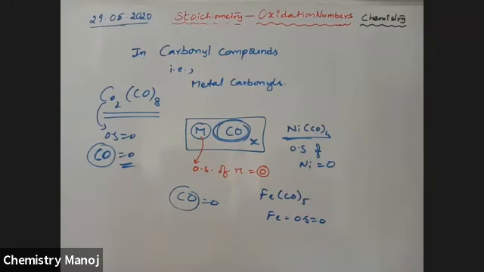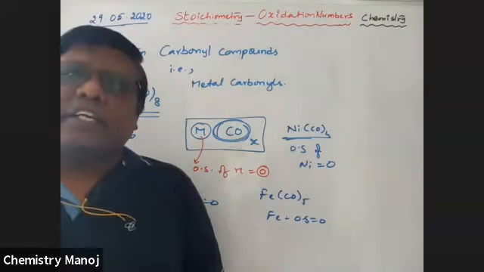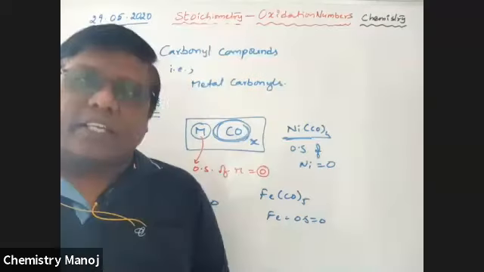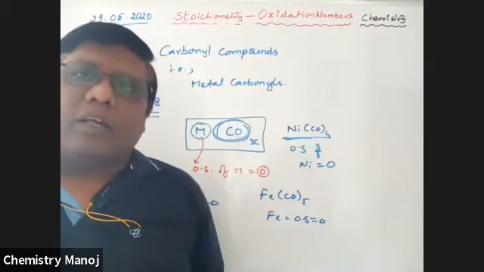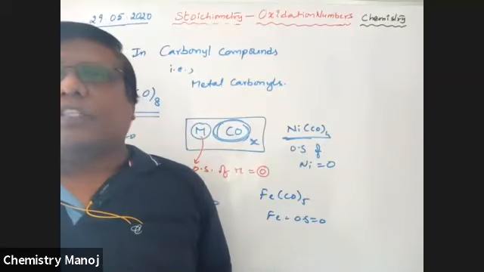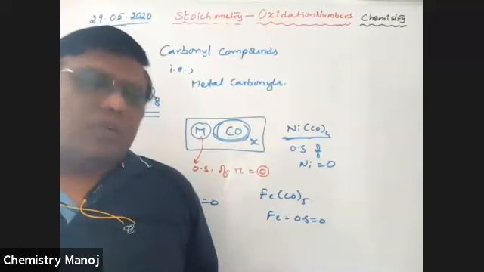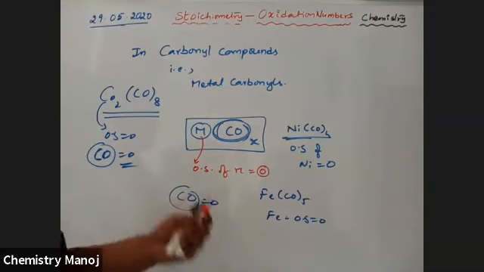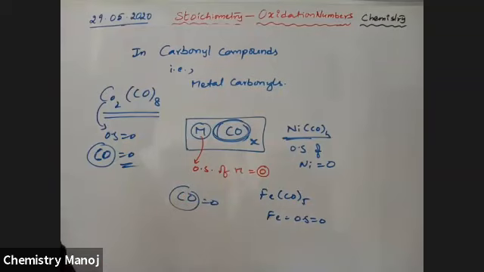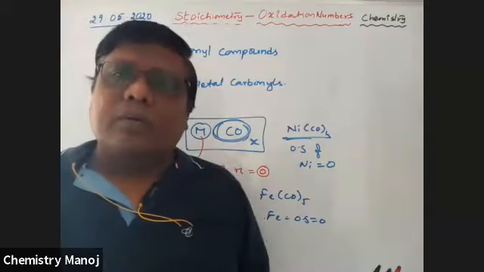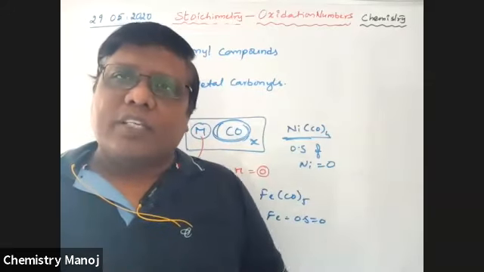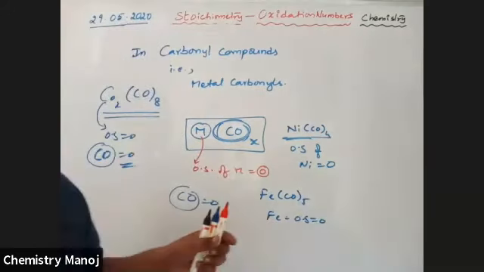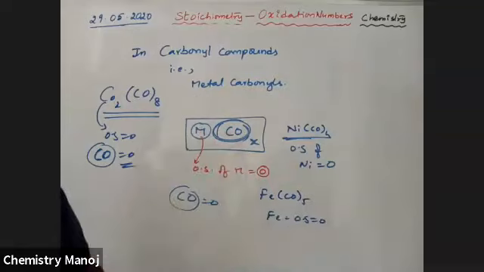In metal carbonyls, metal oxidation state is equal to 0. In metal with amalgam, there also metal oxidation state equal to 0. So, by using these standard values, we will calculate other elements' oxidation state. These are the standard values. Very, very important.